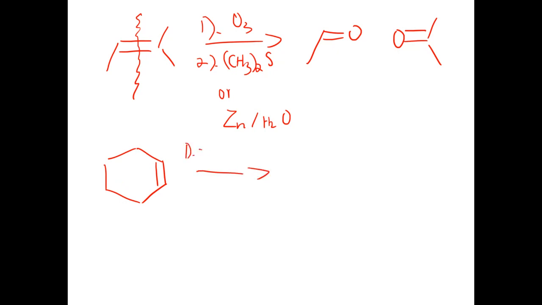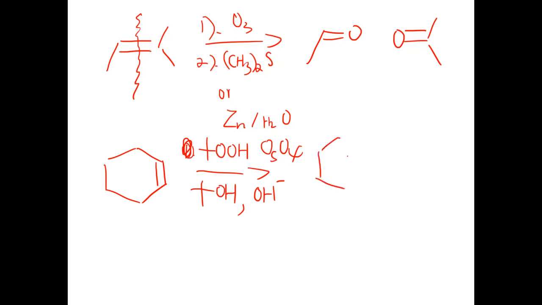If you recall, we basically need a peroxide, then osmium tetroxide, and you can add them all together, OH minus, and this gives you the vicinal diol.